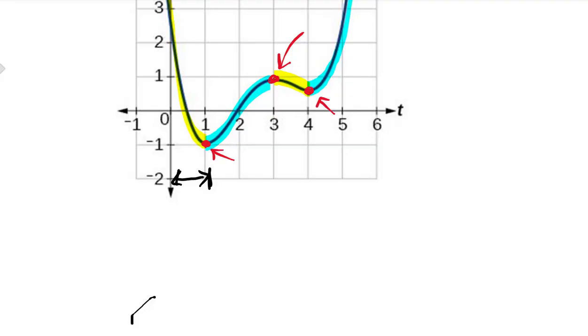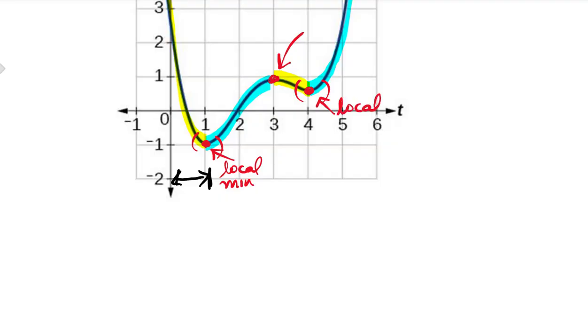Once again, a local minimum is a value of y for which it is the smallest y value of its nearby neighborhood. So we consider the open interval around that point. We can see that this y value is the smallest compared to the surrounding y values in its near neighborhood.